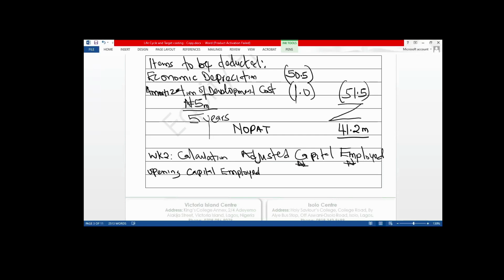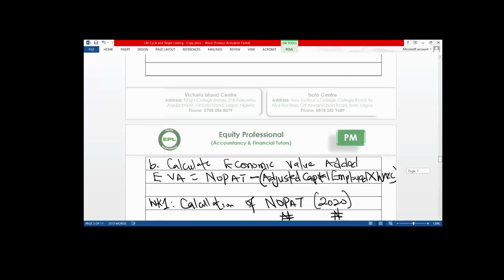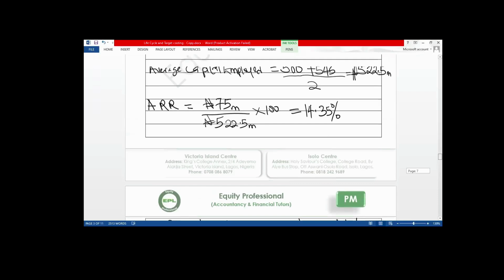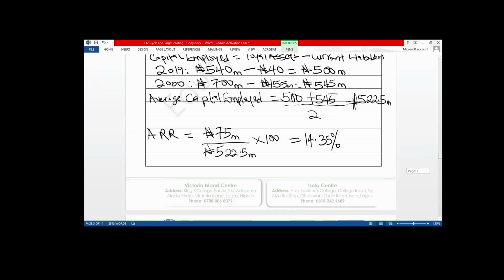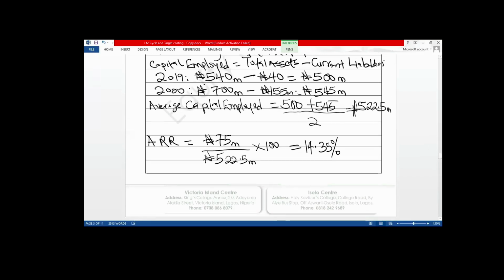Now, what is the opening capital employed? Your 2019 closing capital employed becomes opening for 2020. We have computed this before. Look at here, please. 2019 capital employed, 500 million.